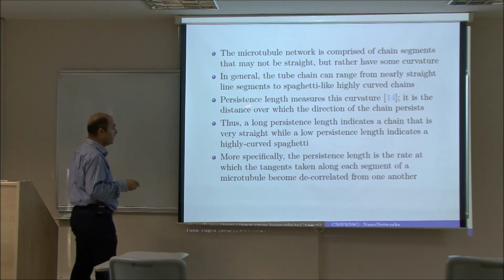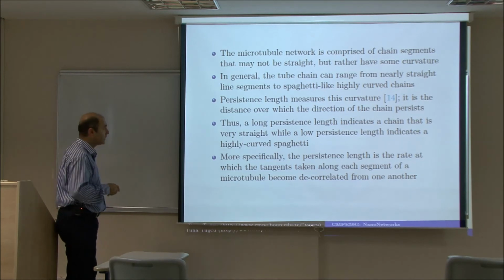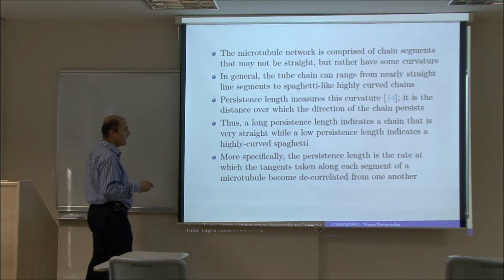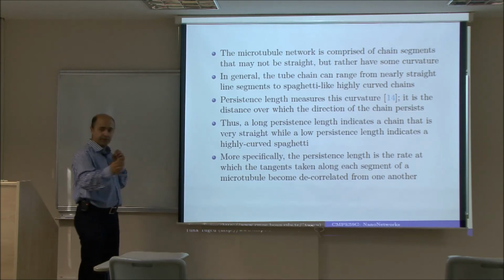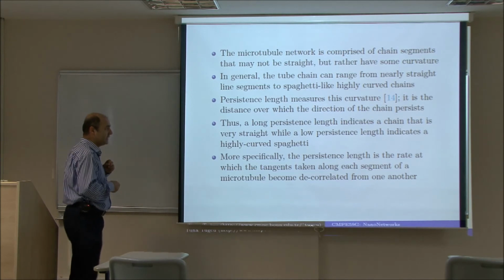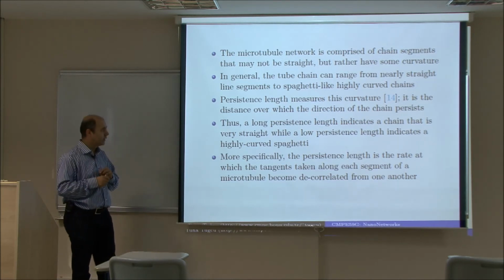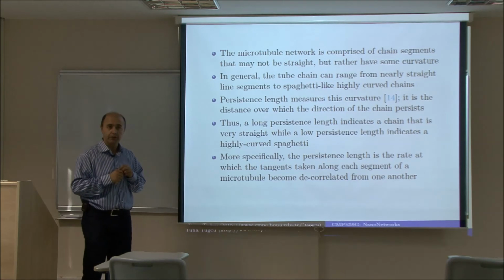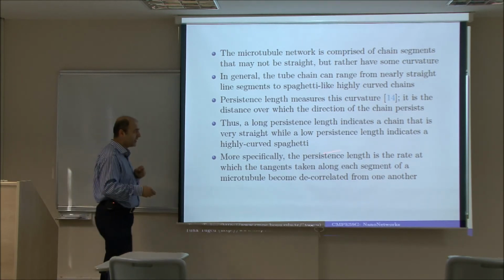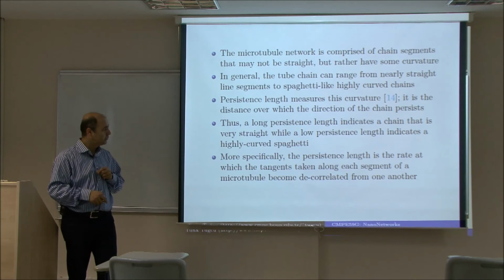And the persistence length typically measures this curvature, where the persistence length is the length of that straight line segment. So a long persistence length indicates a chain that's very straight, while a low persistence length in that case means a highly curved spaghetti-form microtubule. So the persistence length in that sense is the rate at which the tangents taken along each segment of the microtubule become decorrelated from each other.